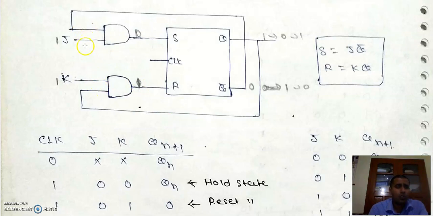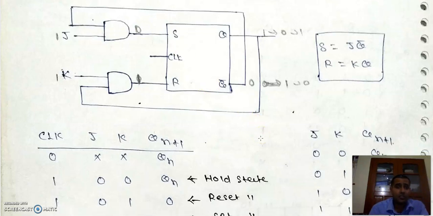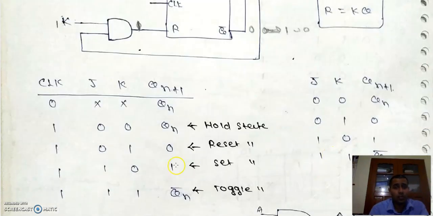So in this case R is equal to 0 and S is equal to 1, we get the set condition. So here we are getting 1. Now we have not done J equal to 1, K equal to 1, because in SR flip-flop the 1 1 state is an invalid state. So we will see this now.